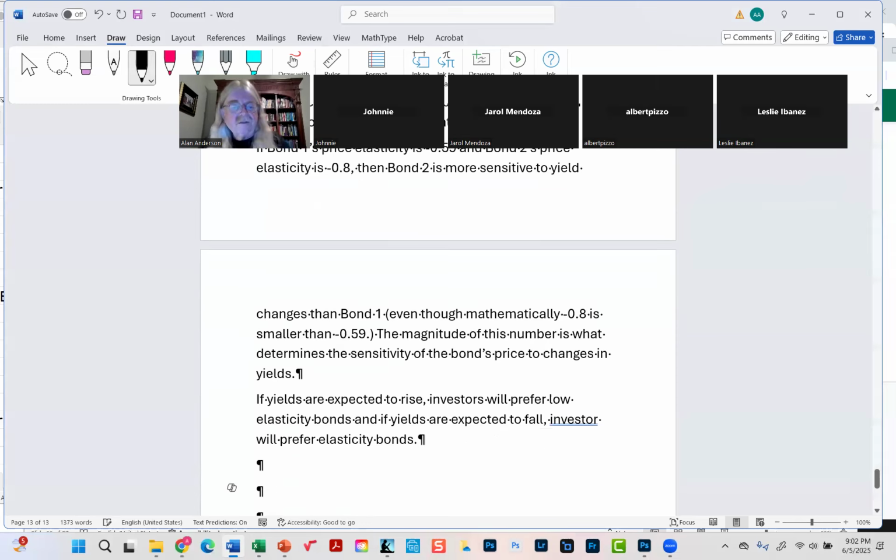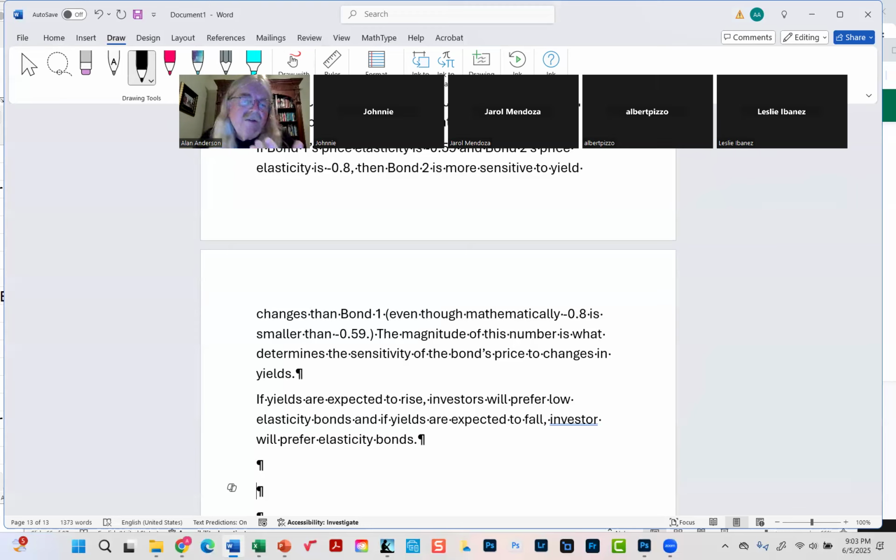In the first case, higher yields means a lower price. So you want the bonds that don't fall quite so much. In the second case, if yields go down, the price will go up. So you want the very sensitive bonds because they'll gain more than the less sensitive ones.